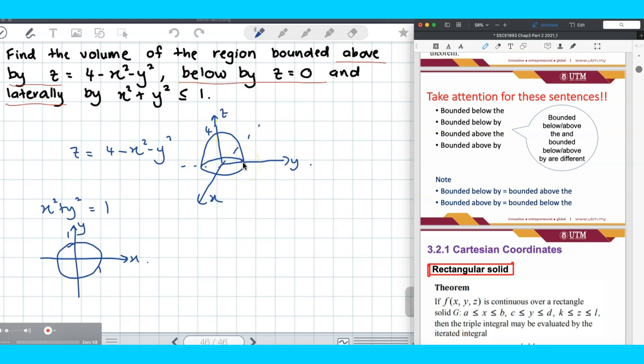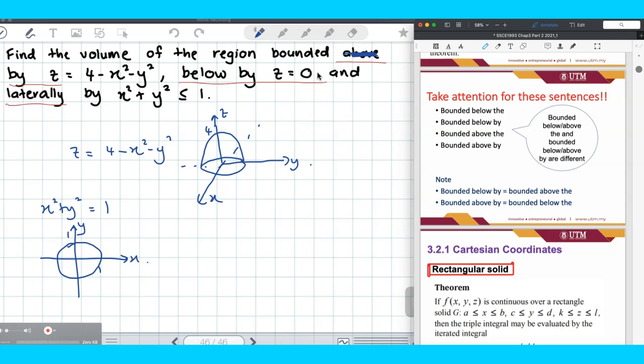Just imagine if I throw away the word above, then your solid is bounded by the z equal to, and by z equal to 0. So it still makes sense, right? The region bounded by the bowl and the plane.